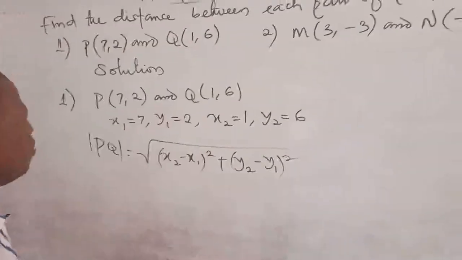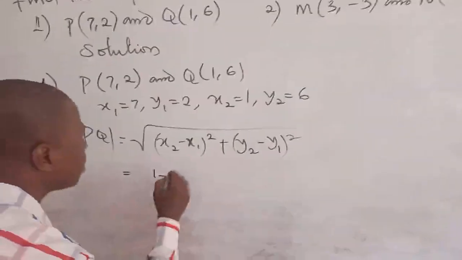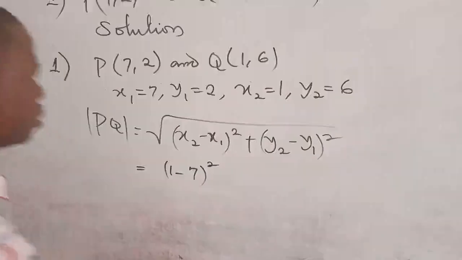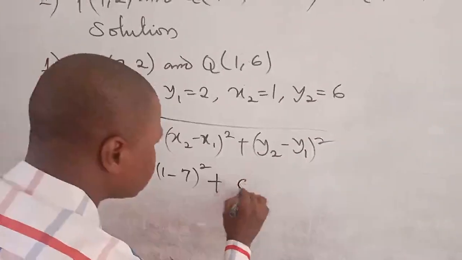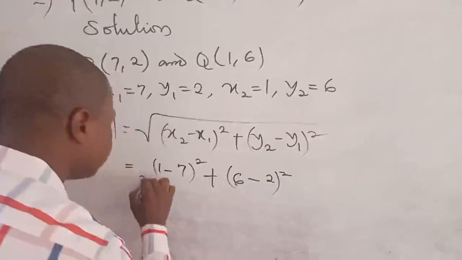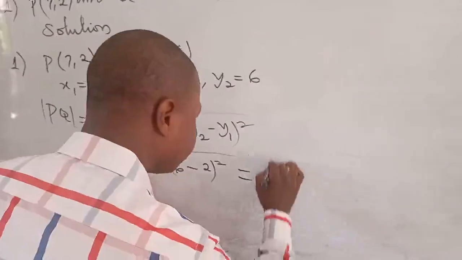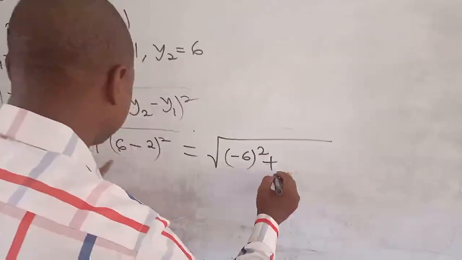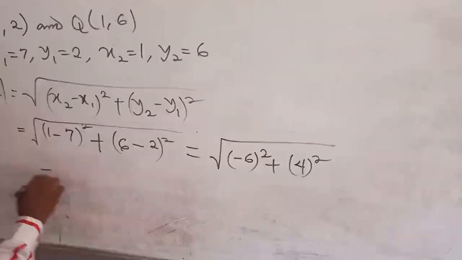So substituting our values, we have x2, that is 1, minus x1, 7, all squared, plus y2, 6, minus y1, 2, all squared. So 1 minus 7, we have minus 6 all squared, plus 6 minus 2, we have 4 all squared.